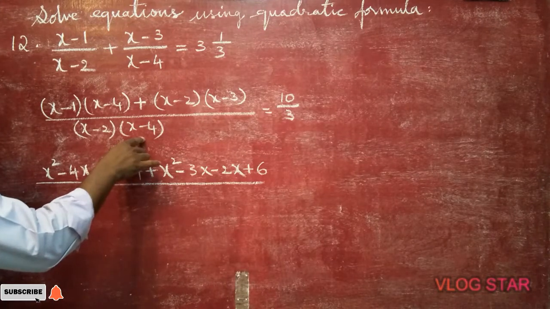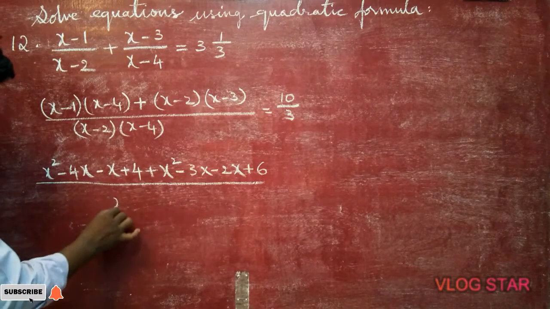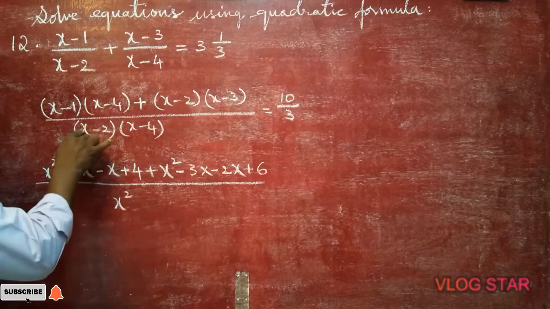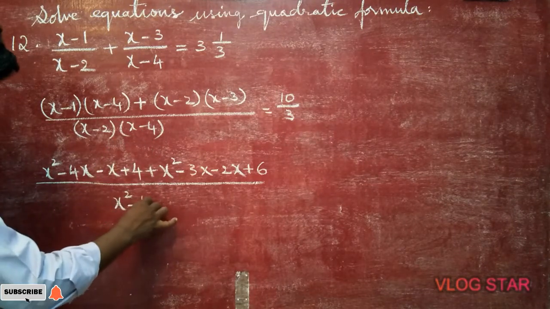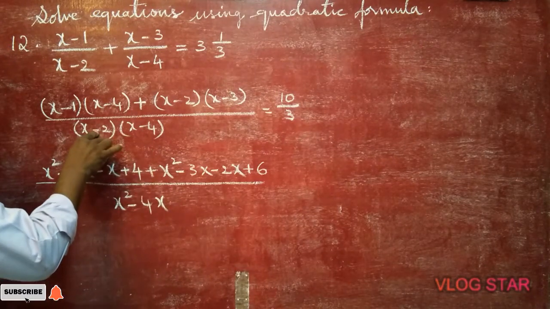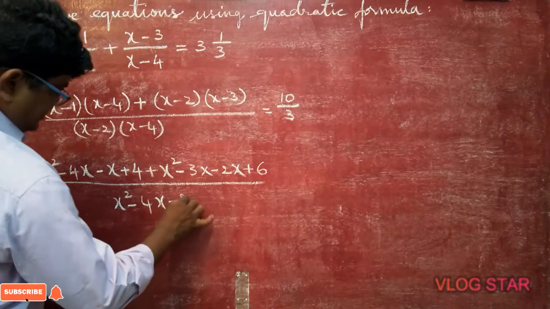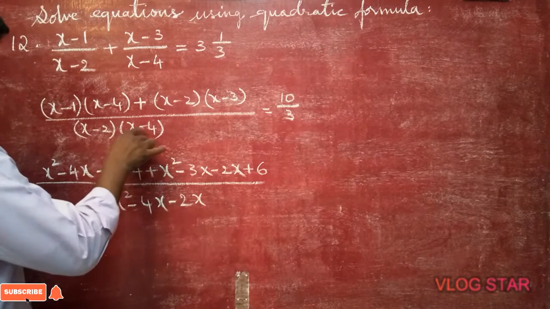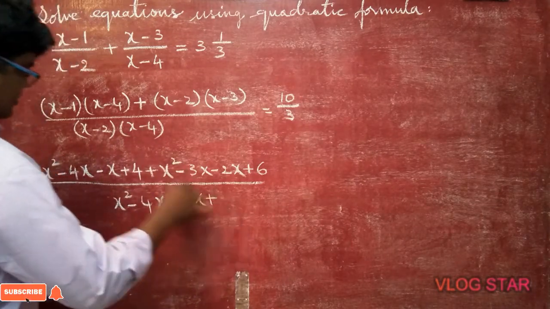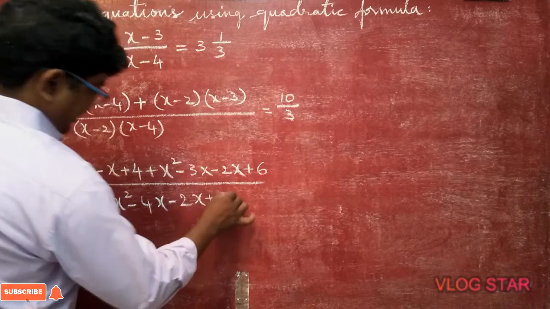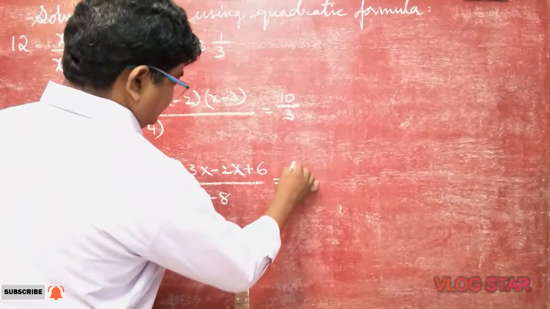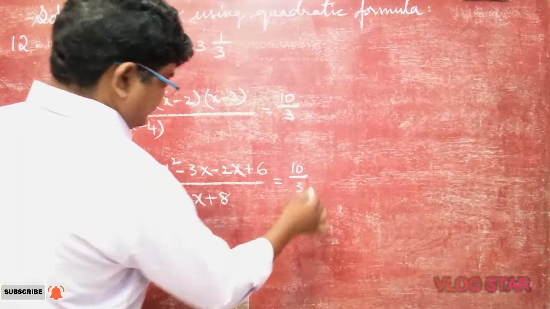Divided by the denominator, also multiply: x into x, x square; plus into minus, minus 4x; minus into plus, minus 2x; minus into minus, plus; 2 4s are 8, is equal to 10 by 3.